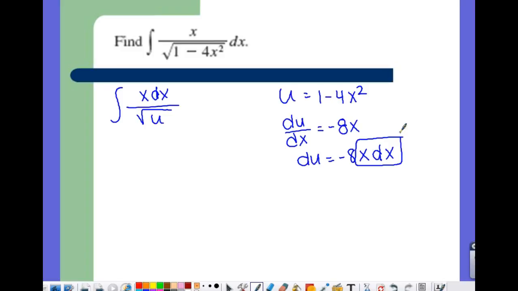So when I solve, I'm solving for all of this, which means I'm dividing simply by negative 8. So I'm going to replace x dx with negative 1 over 8 du.